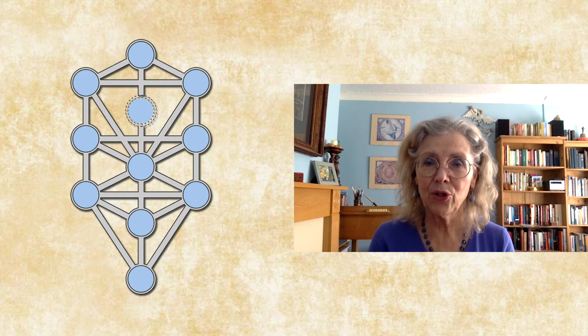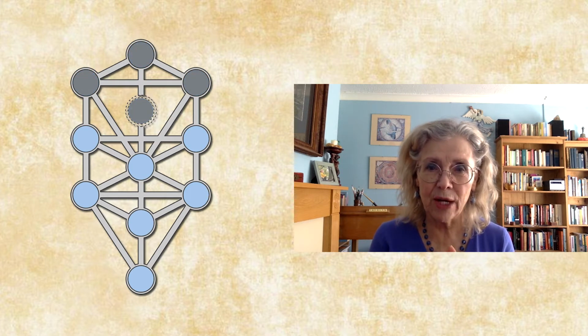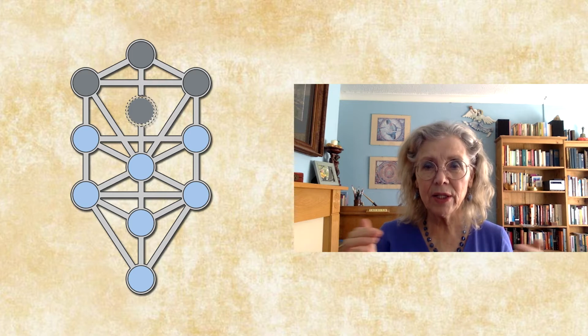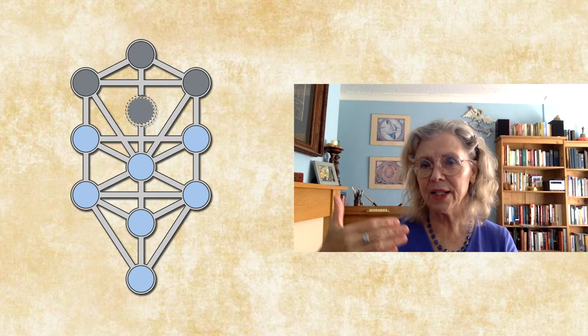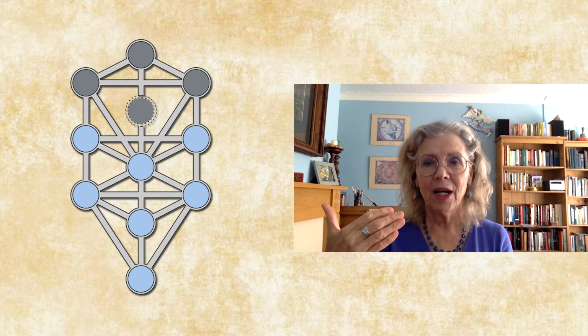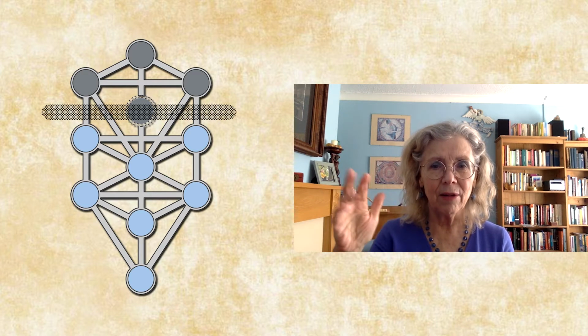So have a look at the tree of life and have a look at the lower section of the tree. And I call it the lower section because the tree's sort of divided into 2 sections, because at a certain point there's a kind of veil.